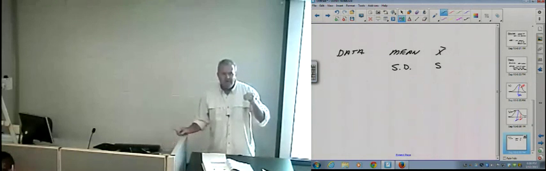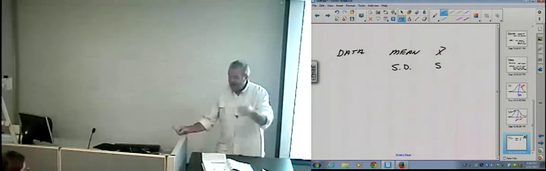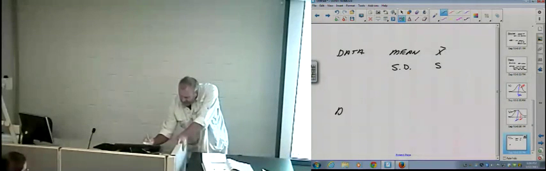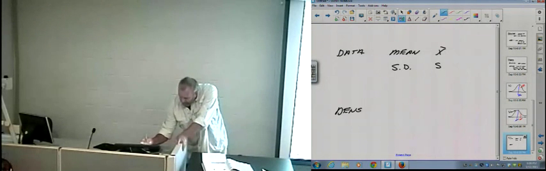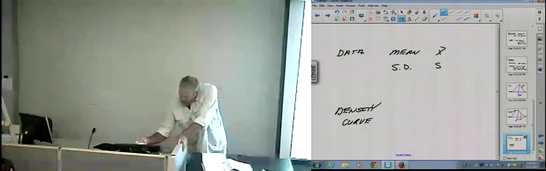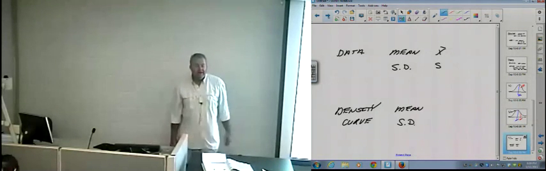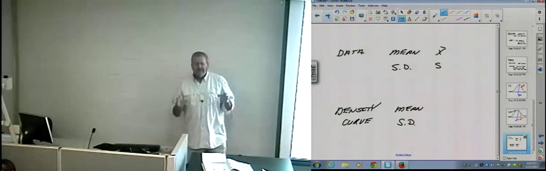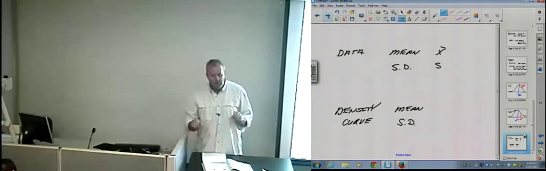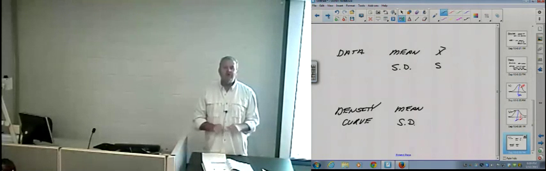When we make the jump from the data and the histogram to the density curve, a density curve has a mean and a standard deviation. Now, remember, the density curve is approximating what you are seeing in the histogram.